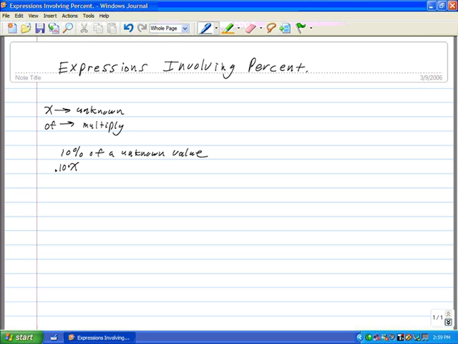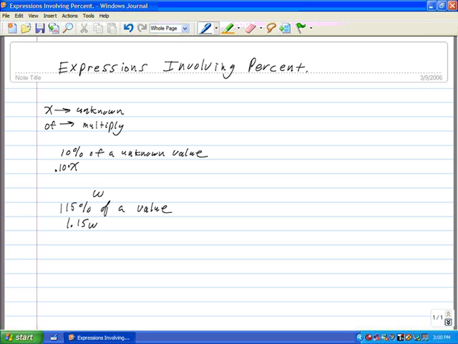If we were looking at an unknown value w and we wanted to look at 115% of a value, that would be written as 1.15 w.